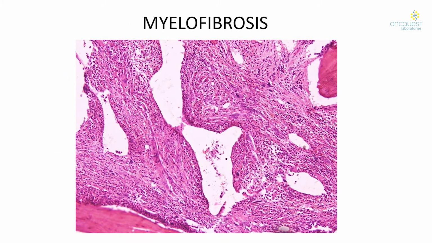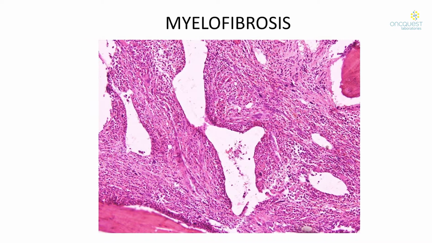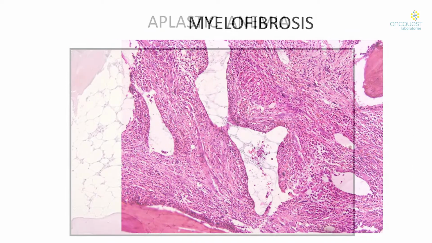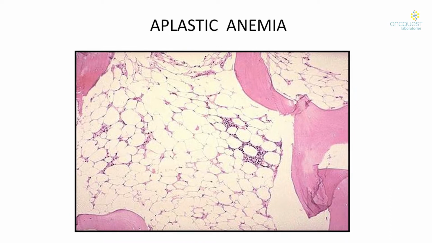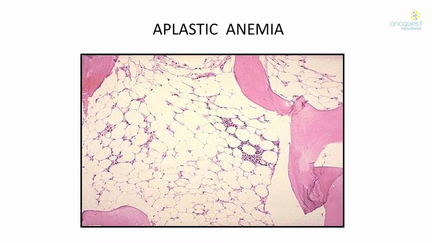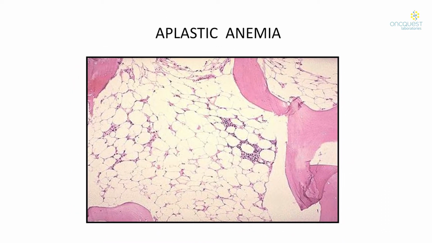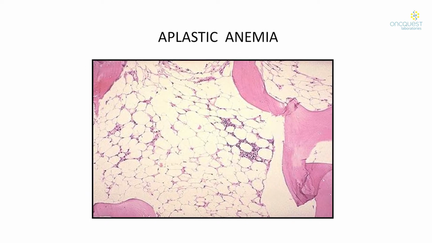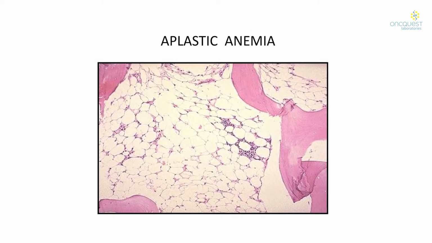What is essential is bone marrow trephine biopsy. Why is it needed? It is needed because the bone marrow undergoes fibrosis, and then there are certain conditions, which we label as bone marrow failure syndromes, in which the bone marrow is replaced by fat, like aplastic anemia, hypoplastic MDS, hypoplastic acute leukemias.